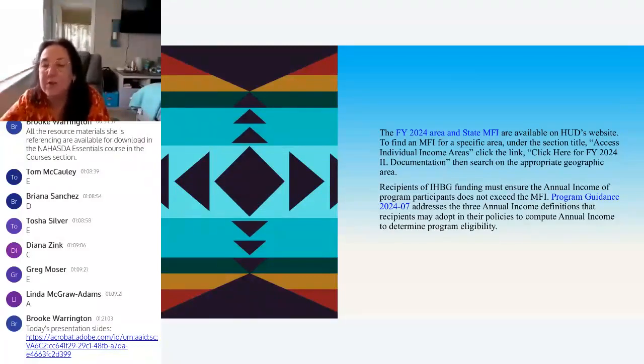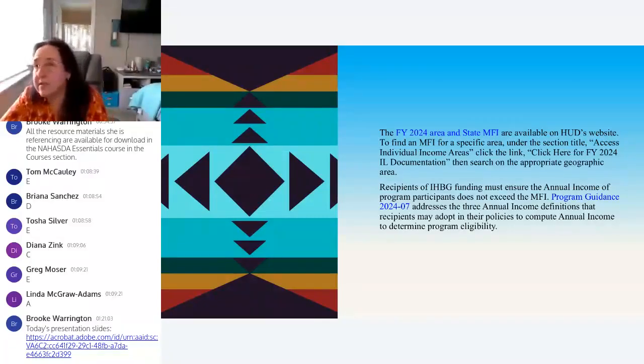There's program guidance that was also published last year, 2024-07, which is in your reference materials. It addresses the 3 annual income definitions. You have to adopt the definition in your A&O policy. As a side note, you can say that we're going to utilize all 3 definitions and use the definition most beneficial to either the housing authority or your recipients.